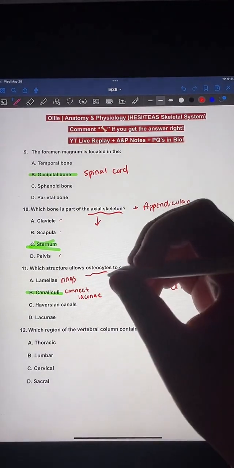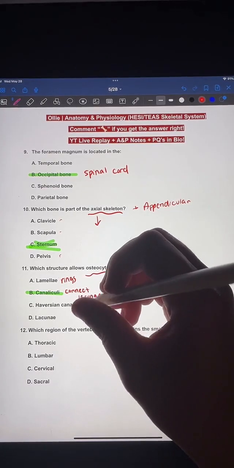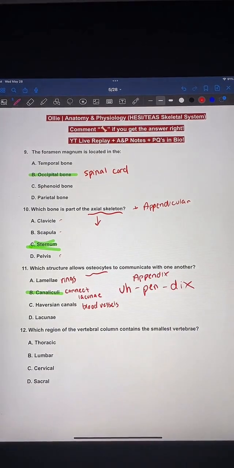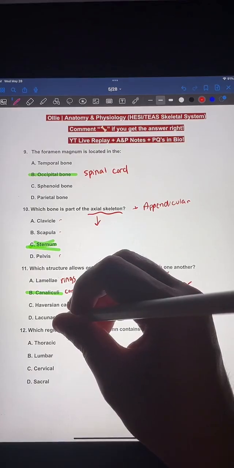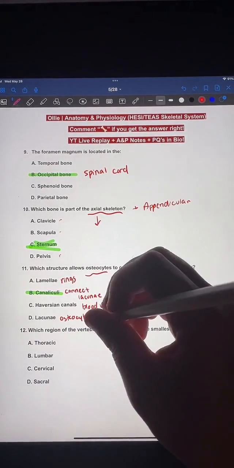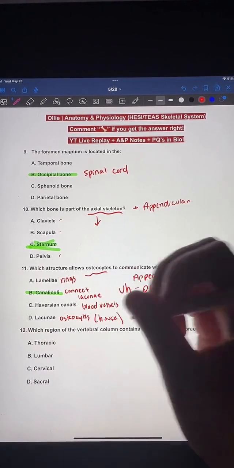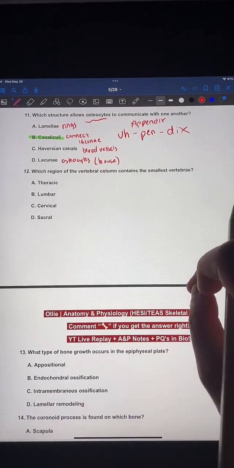The Haversian canals are for carrying blood vessels, not for direct communication. And lacunae hold osteocytes, but they do not connect them. So lacunae house osteocytes.